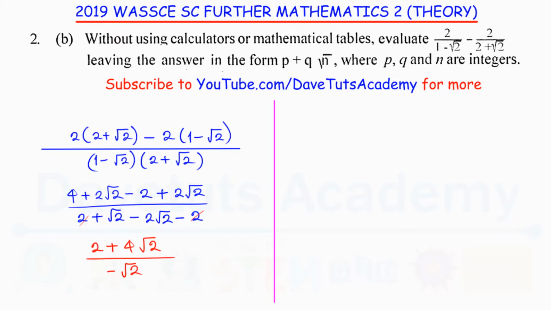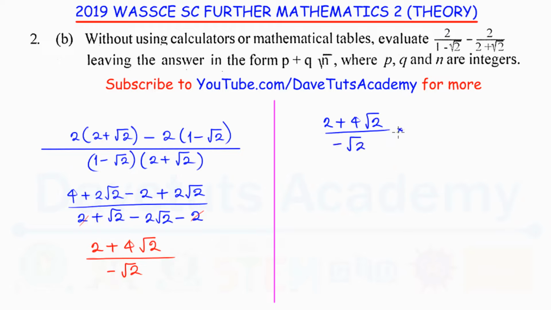So once we have this, we can now say we want to further work on it. Since we are told to express it in the form p plus q root n, we can find the conjugate of this by multiplying both numerator and denominator by root 2. So I'm going to have 2 plus 4 root 2 over minus root 2.